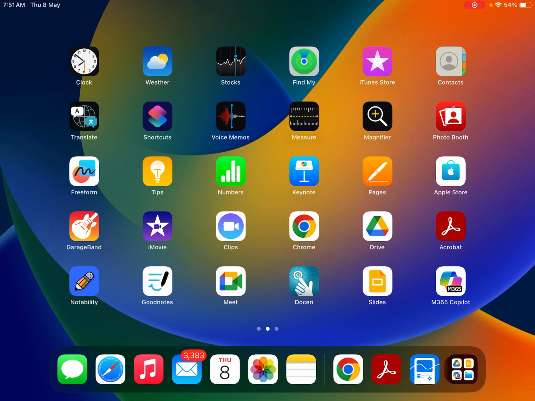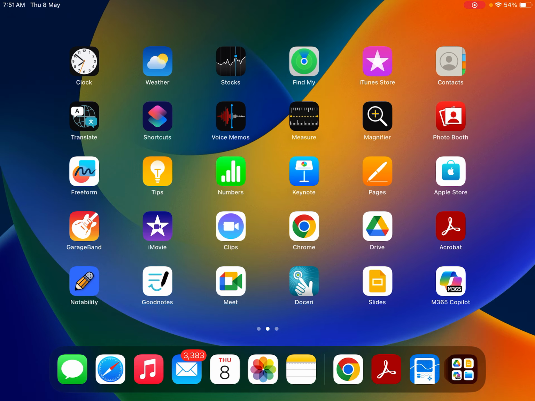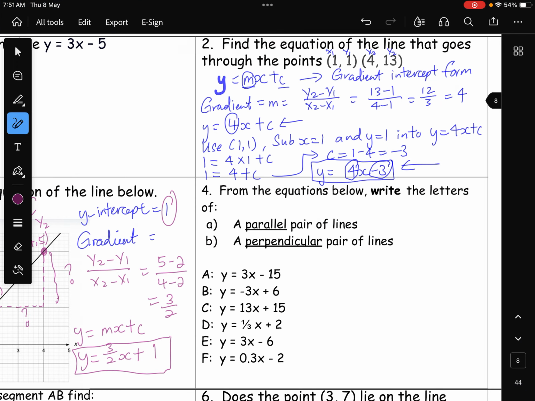So I would show you how to put all this together. We agree that for perpendicular lines, when it comes to the gradient, if you have this line and you want to find the equation of the perpendicular line, the gradient is 3.